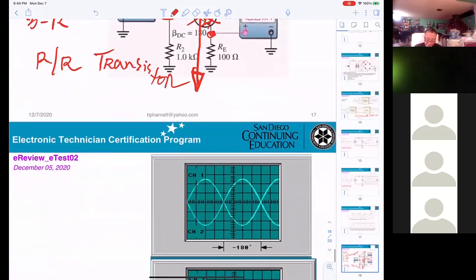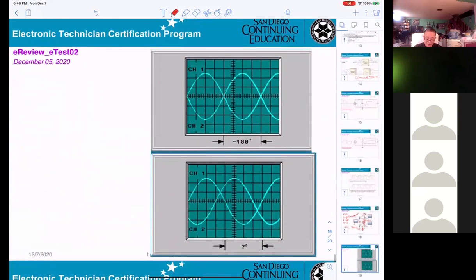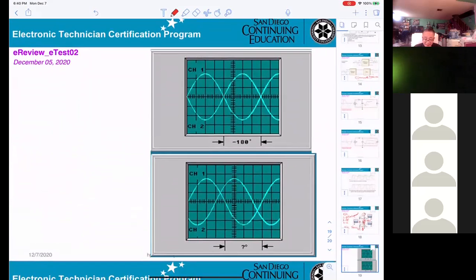Okay, maybe that one. Last part here. Basically, you can see they want to see the signal within our input and output. They can be in phase, out of phase, or leading, or lagging.